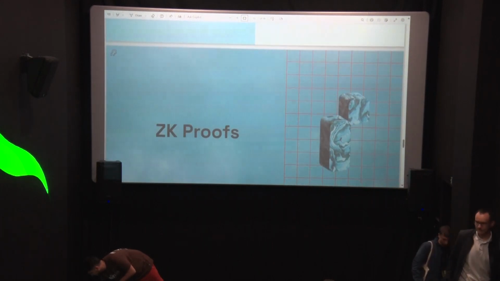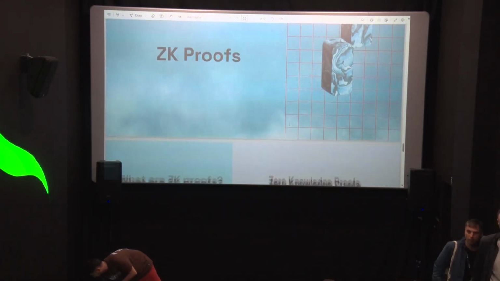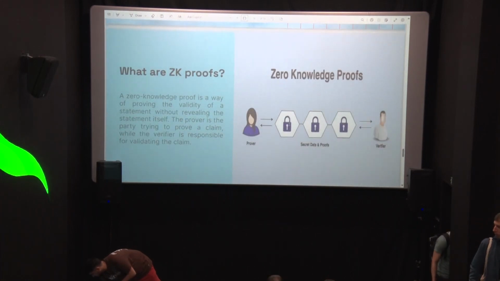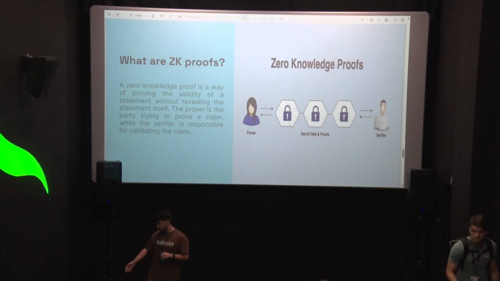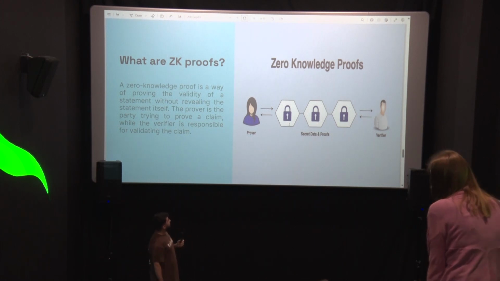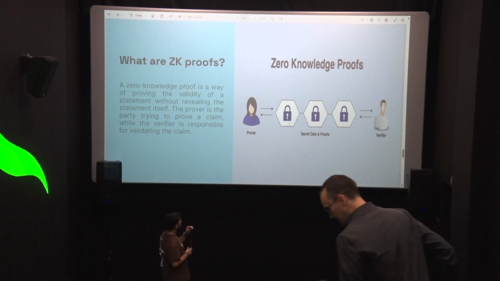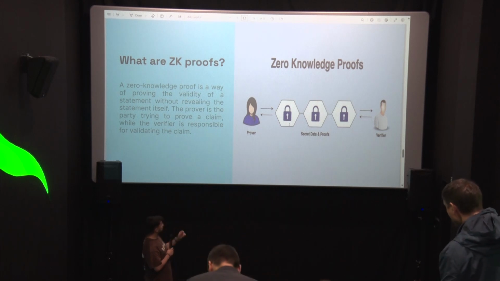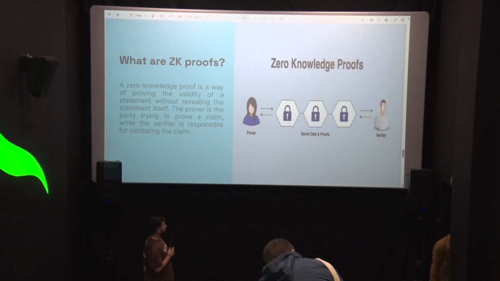Yeah, let's talk a little bit about ZK proofs as well. I will just show some properties of it. I guess most of you have heard about zero knowledge proofs before, and it's a proof that lets you prove something without revealing any data to the verifier.